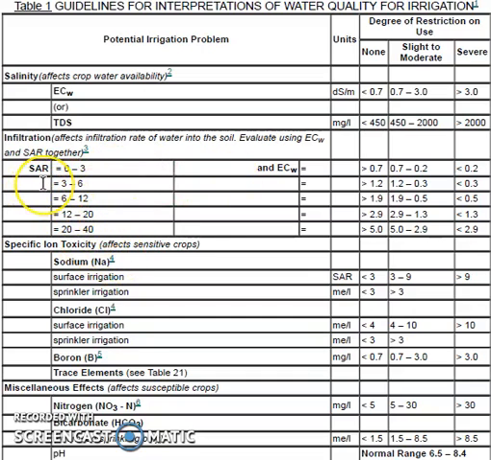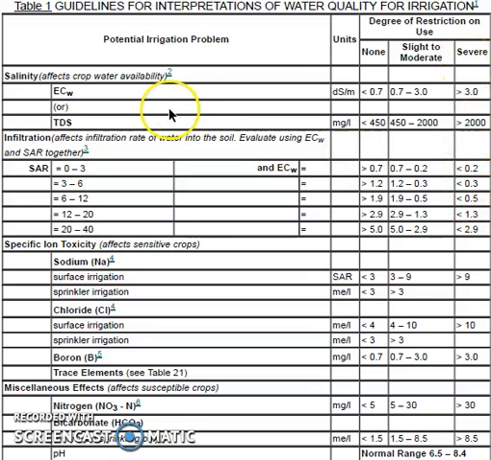So if you calculated the SAR and found it from 0 to 3, if the EC is more than 0.7, you have no degree of restriction in use. But if it is 0.7 to 0.2, you have slight to moderate degree. If it is less than 0.2, you have severe degree of restriction in use.